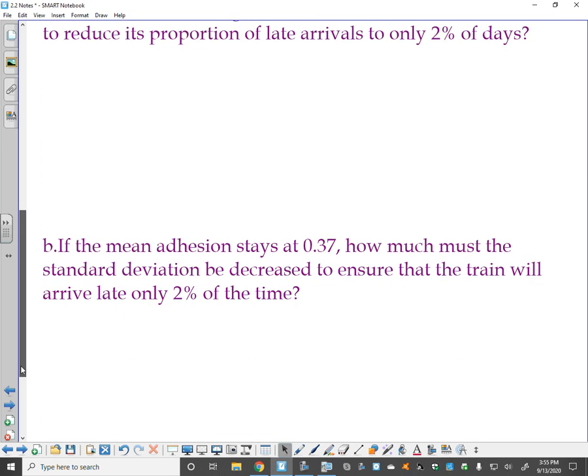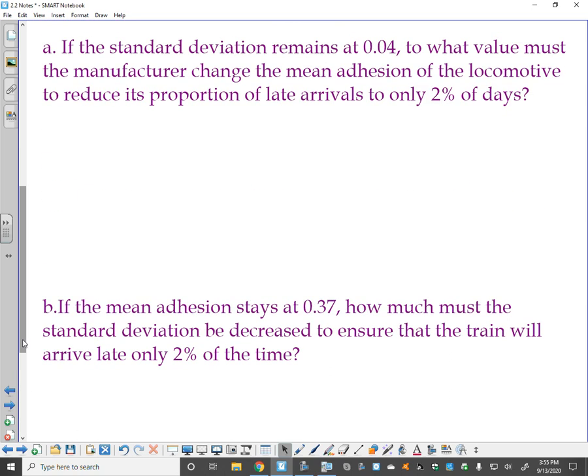Okay, so the first thing I want to point out, and I'm just going to go in this blank space, is that it says that it follows a normal curve. It has a mean of 0.37 with a standard deviation of 0.04. Now, this is its adhesion force.